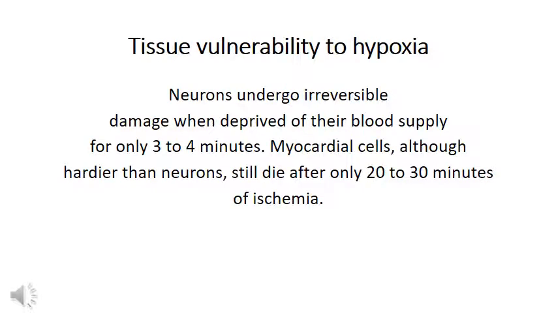Those organs which can bear hypoxic condition for a long time become less damaged by temporary hypoxia. But our brain or nervous system needs a continuous supply of oxygen without any break, even for a minute.